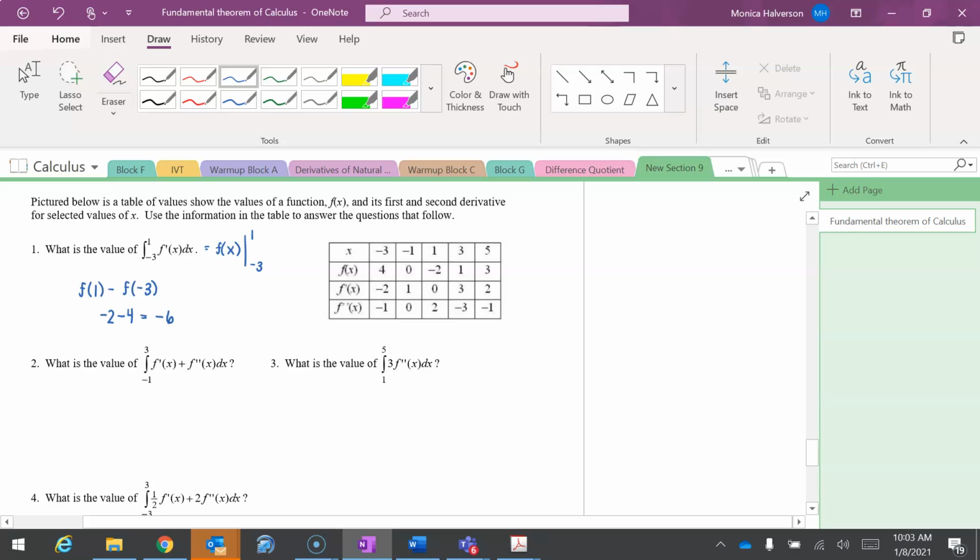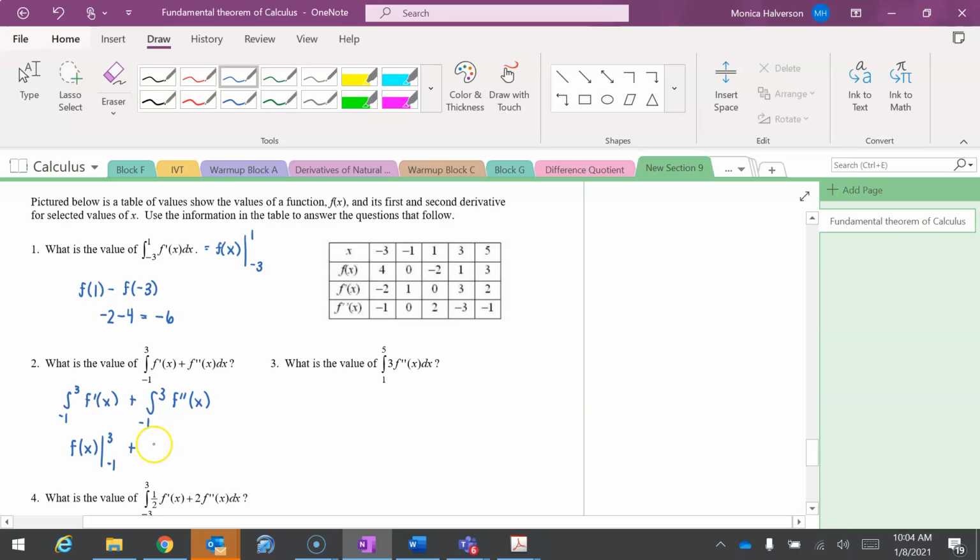All right? Let's look at number 2. What is the value of the definite integral from 3 to negative 1 of f prime x plus f double prime x dx? So officially, just like you did with derivatives, you can separate this into two definite integrals. And remember, the integral of the first derivative equals the original function.